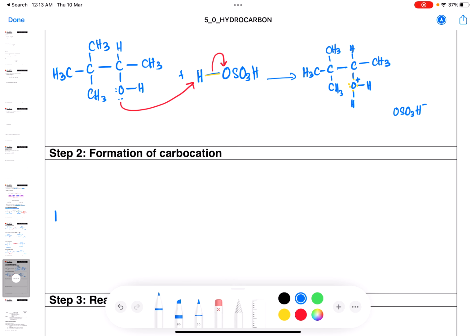Now let's see. So we have here this one, and then what will happen? Oh, sorry. Like I mentioned before, this is where removal of H2O happens.